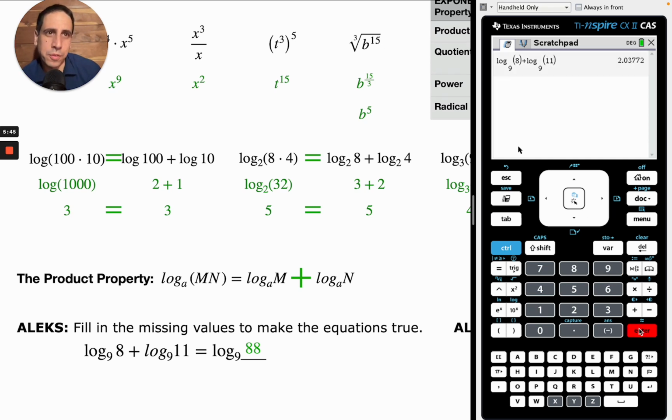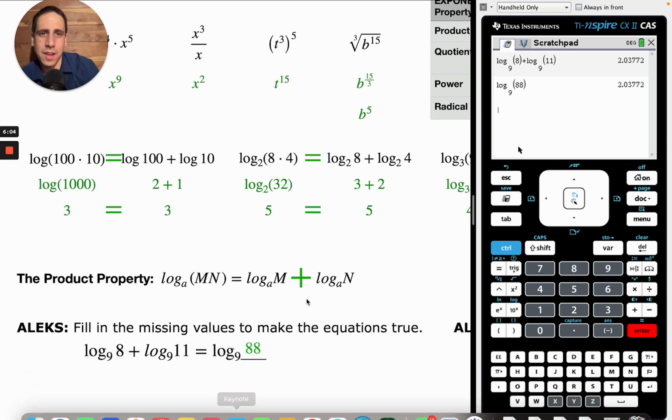And the decimal equivalent is about 2.03772. And then we're going to do the same thing here. Let's see what the decimal equivalent of log base 9 of 88 is. And if you type them, you get the exact same decimal.